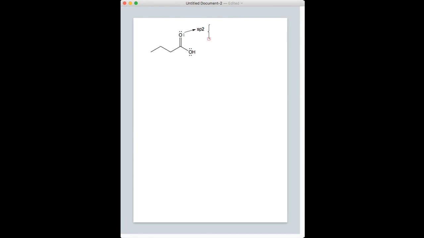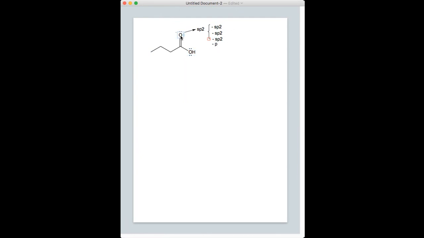So guys, an sp2 hybridized atom means that that atom will have 3 sp2 hybrid orbitals, because an sp2 is combining 1 s and 2 p, so that's 3 total sp2, right? And then in addition to that, there is a pure p orbital.